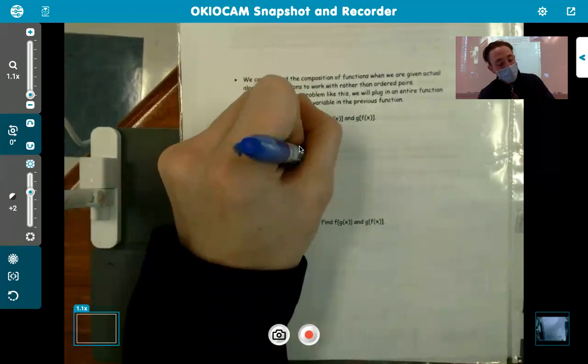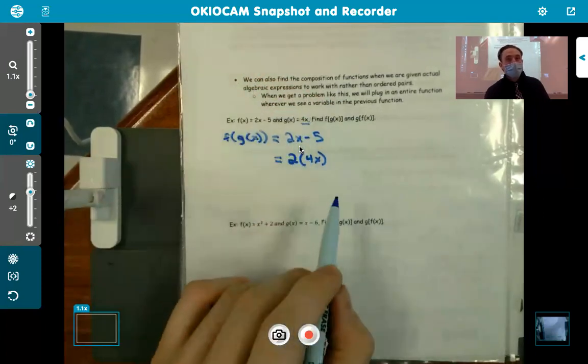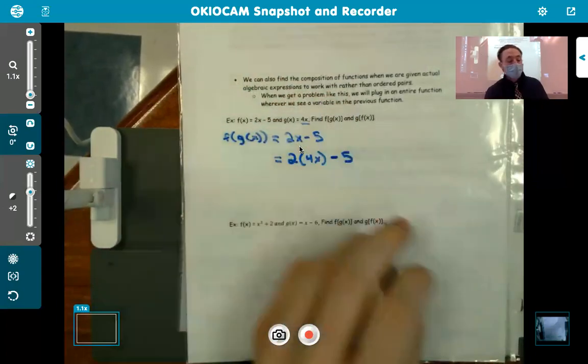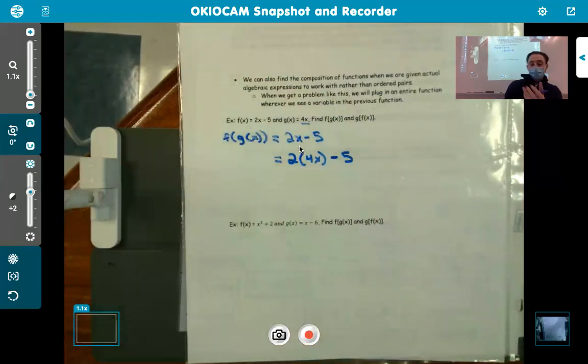Wherever I see an x now, I'm going to plug in the 4x because that's the entire g of x function. And the -5 just tags along on the outside. So the function itself doesn't necessarily change. It's just what you plug in for x changes. Everybody follow that?